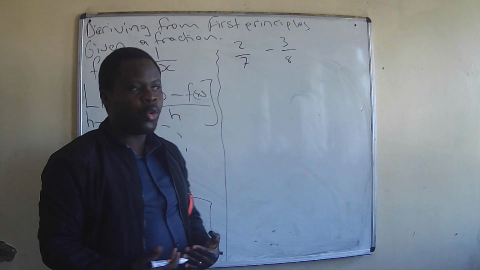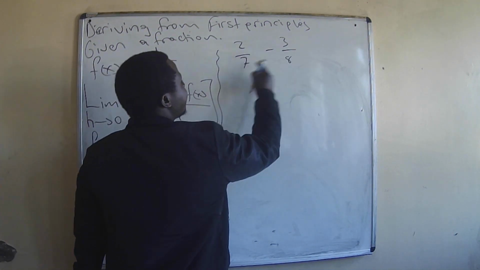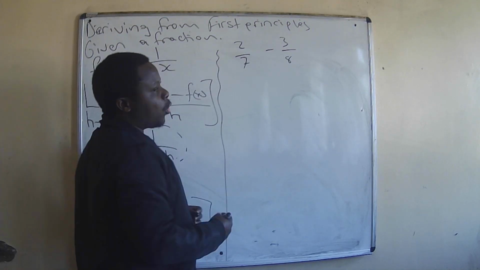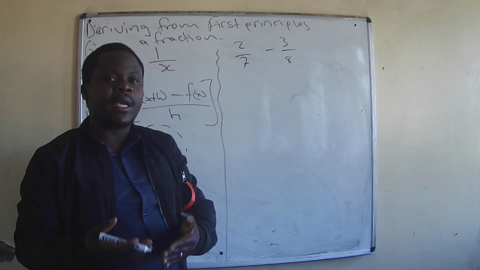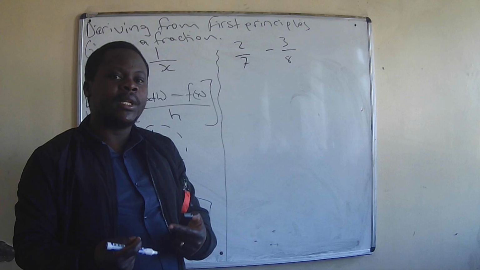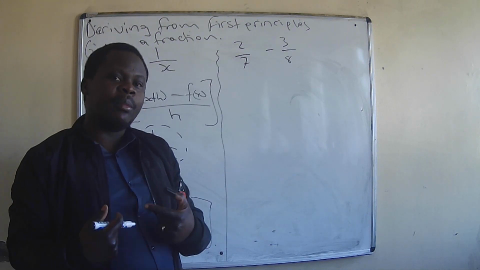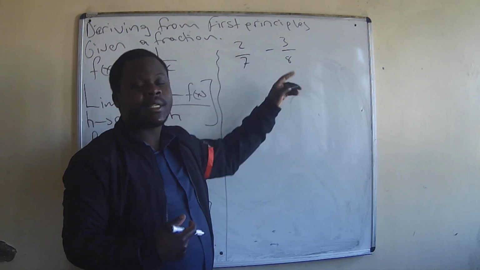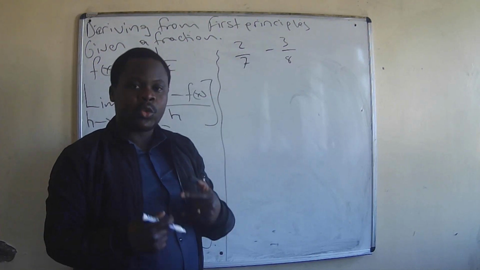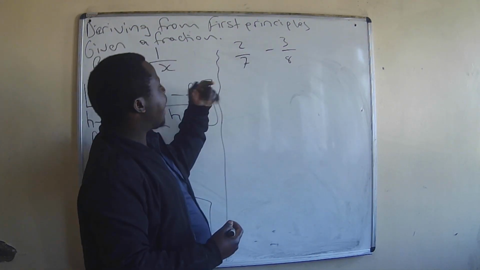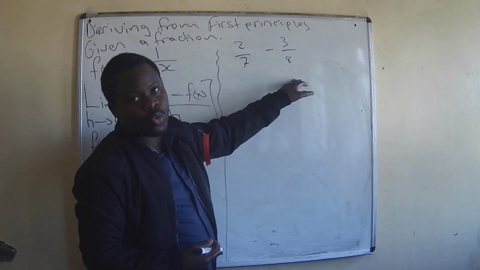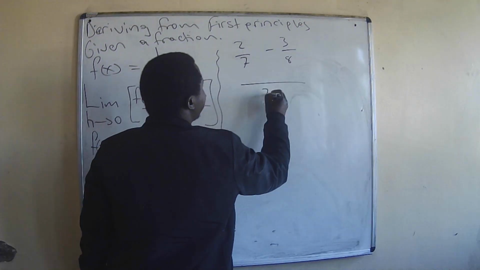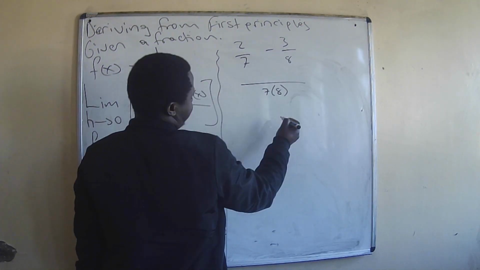What we have to do is multiply the denominators, or we have a way of saying you need to find the lowest common denominator, which is a number where 7 can enter and 8 can enter without leaving a remainder. We find it by multiplying the two, so 7 times 8.